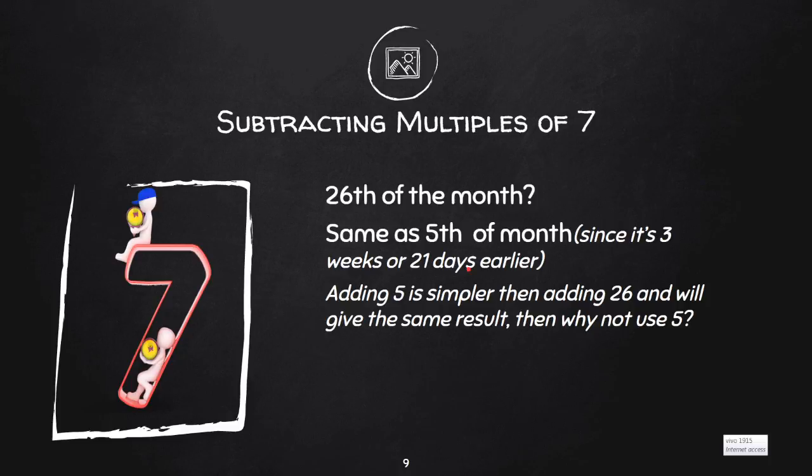So whenever we get a number higher than 6, all we have to do is subtract the greatest multiple of 7 which is less than the given date, the closest multiple of 7.